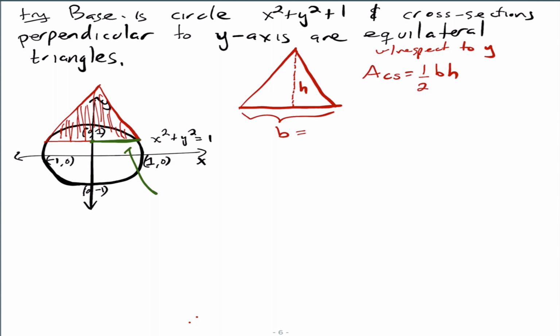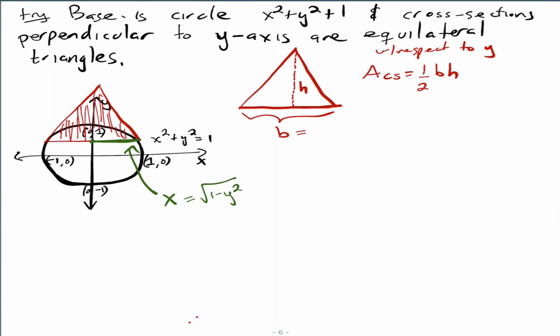So what's the base? Well, I know this length right there. What is that green line that I just drew right there? What is it? 1? No, it's not 1. No, it's not 2. Yeah, that's x, which is the square root of 1 minus y squared, right? That's the green line. So then what's the base of the triangle?